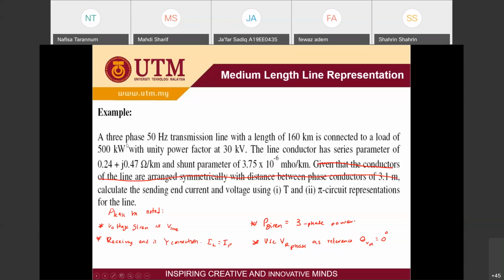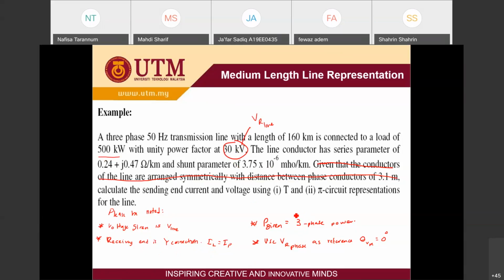So the voltage given here, 30 kilovolt, is your V line. Please be noted that this is a V line, so this is your VR line. And the receiving end is always a Y connection, meaning that I line is I phase. And the power given here is 3-phase power.